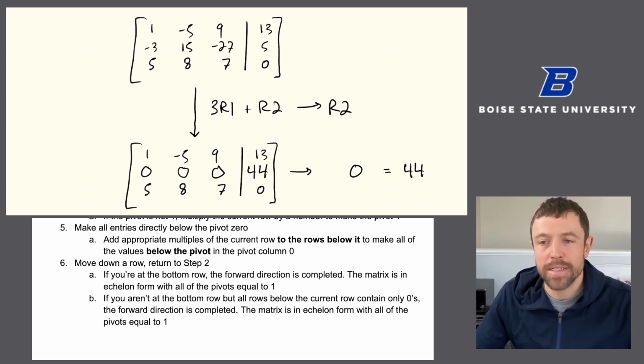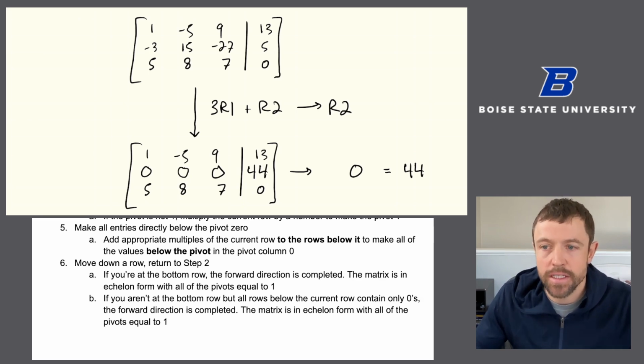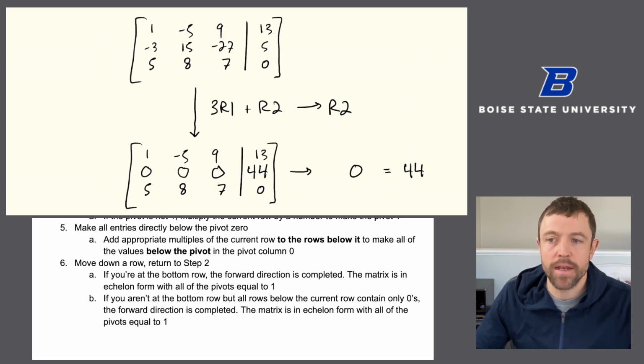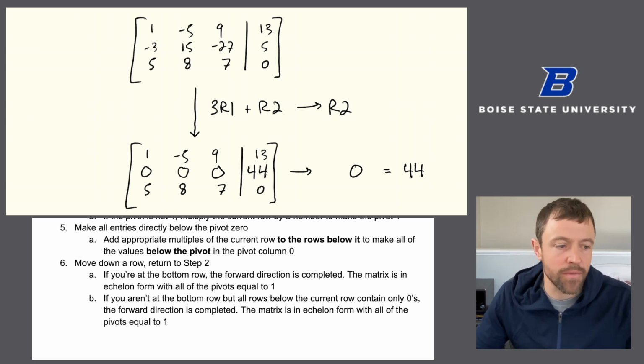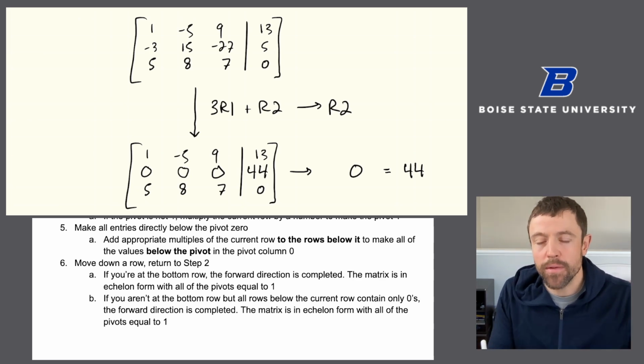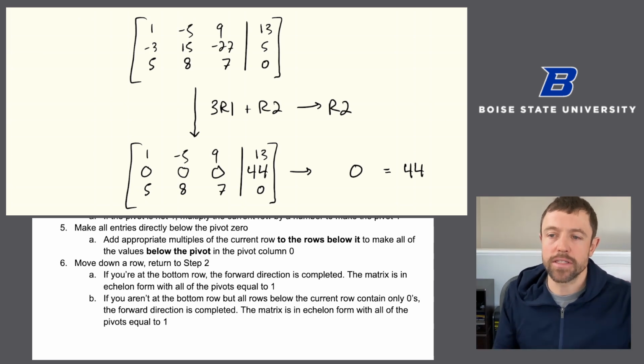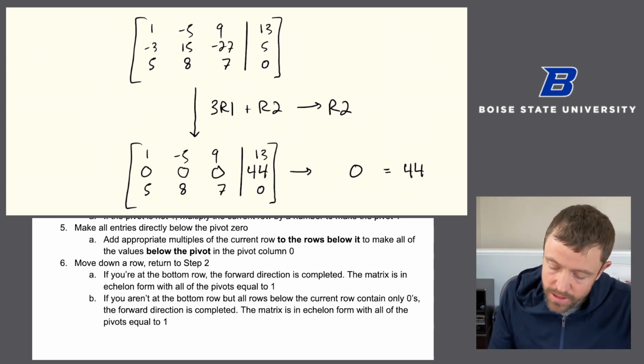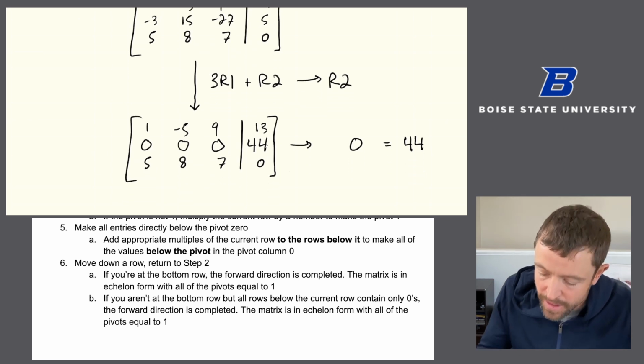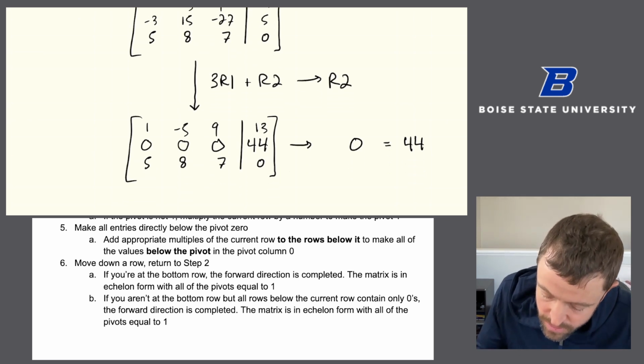And remember what this means when working with systems of equations. When you're doing a sequence of elementary operations and you end up with a false statement, the reason this happened is because you were working under the assumption that there was some solution that worked for everything, but it turns out that that's not the case. And so you just end up with this total nonsense. And so I can stop right away and say that there are no solutions.